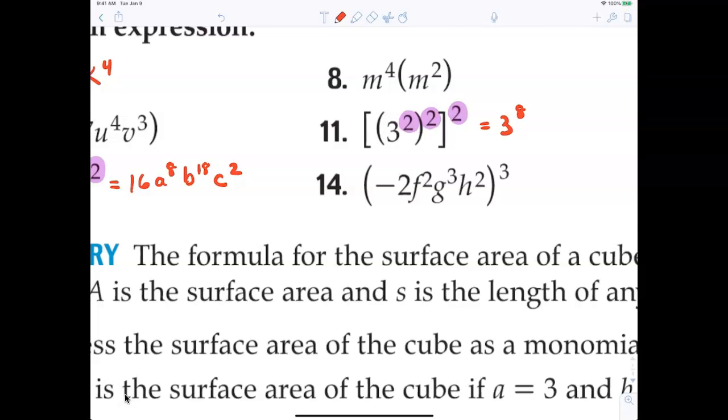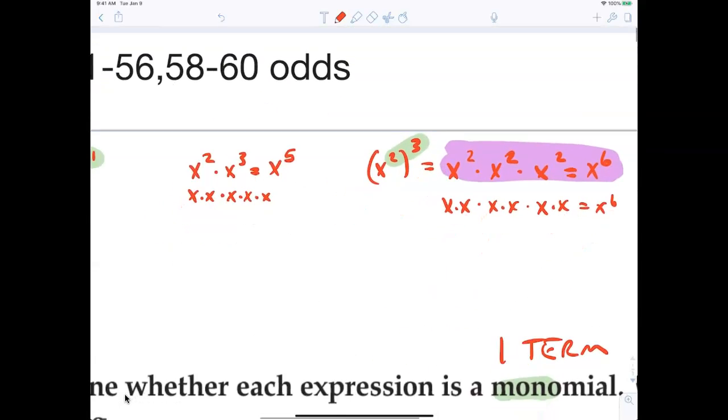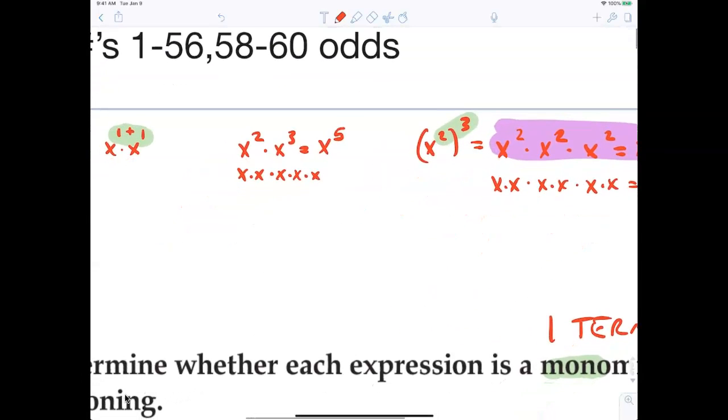No, because listen to me. This is 3 squared times 3 squared times, you see what I'm saying? Now, you don't change the base. If I did up here, for example, x squared times x cubed, I didn't change the base. When I did a power to a power, I didn't change the base. Do you hear me? I don't change the base. You with me? All right, that's a good question.